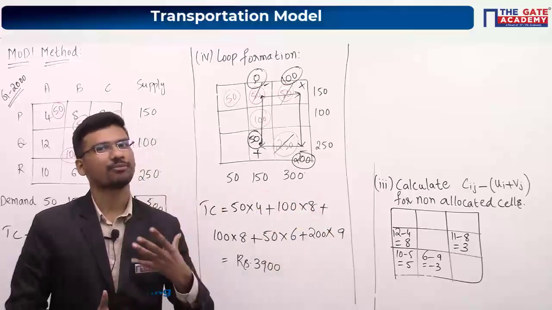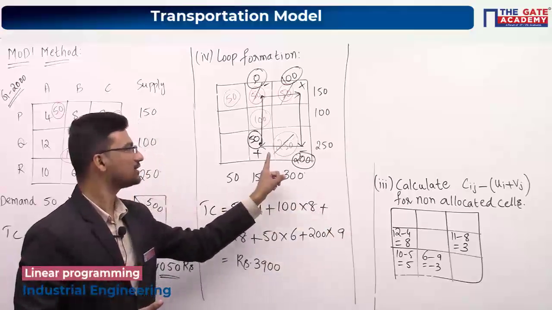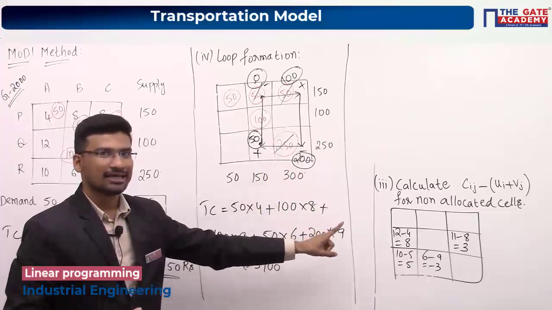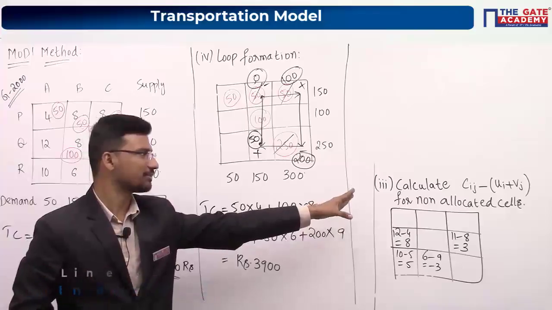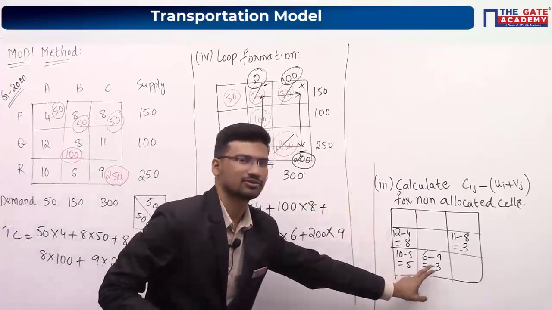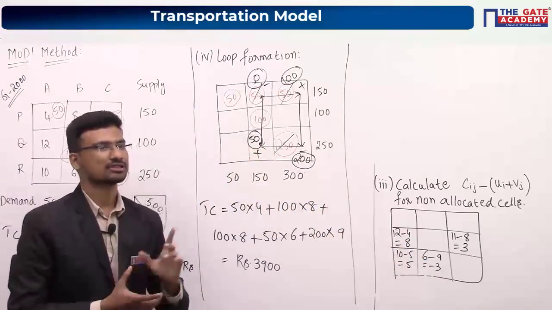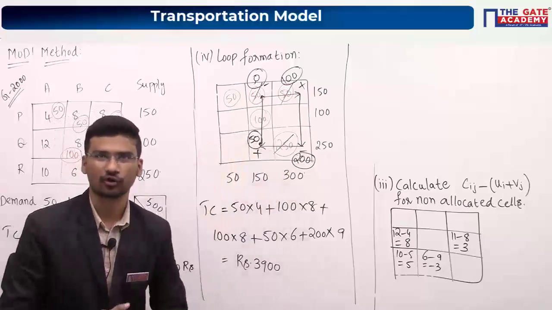Okay, so after formulating a loop, what you have to do? You have to take the positive sign in the most negative cell in step number 3. I mean, in step number 3 we got a negative sign here, right? So there you have to take positive sign in this particular step number 4.